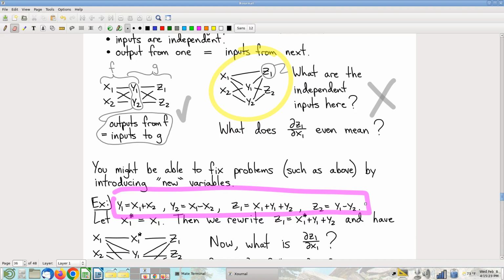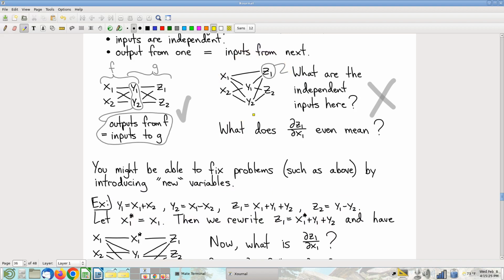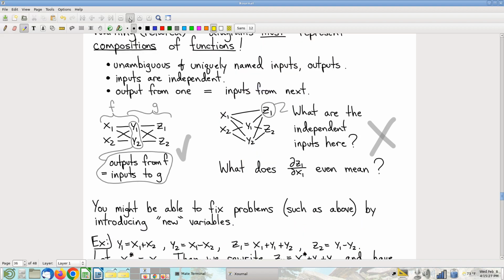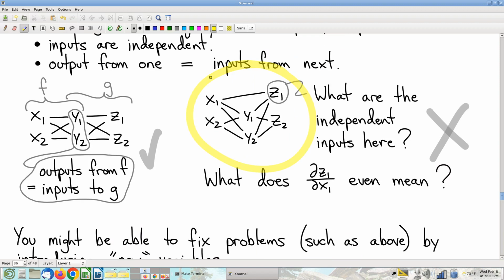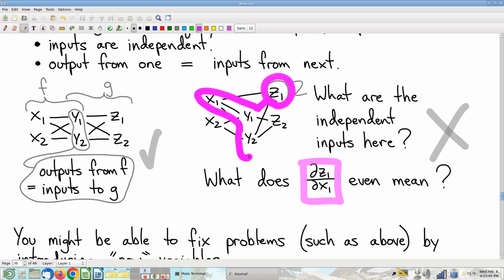Let me point out, before I get into the rest of this example, another real awkwardness about what I've got written here. Let's ask the question, what does this partial derivative mean? What's the partial of z1 with respect to x1? Well, if I view z1 as being a function of these three variables, as seems to be indicated there, I guess it would mean that I'm going to view x1 as my variable.